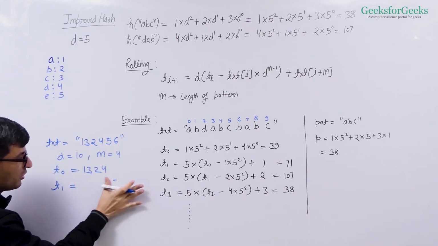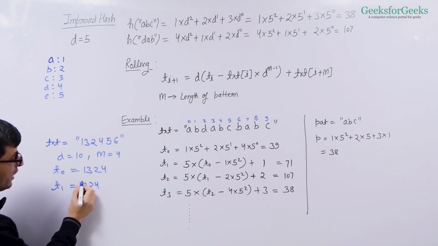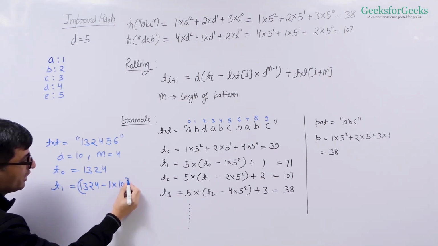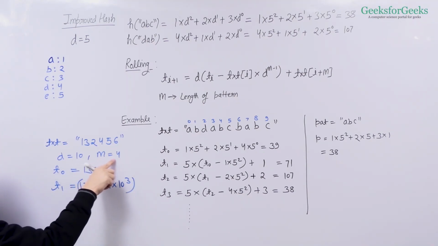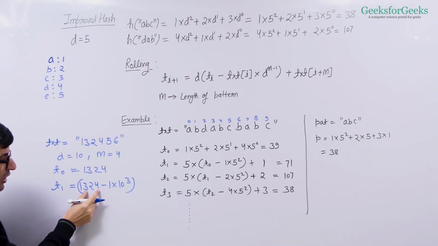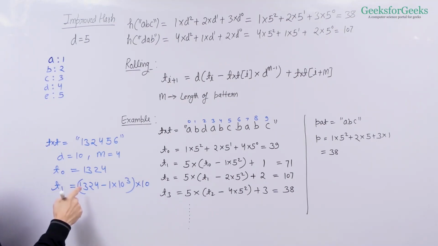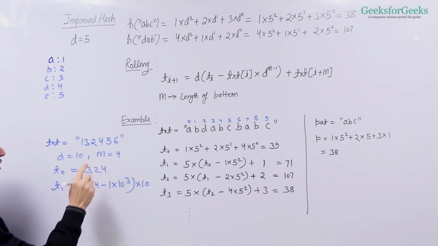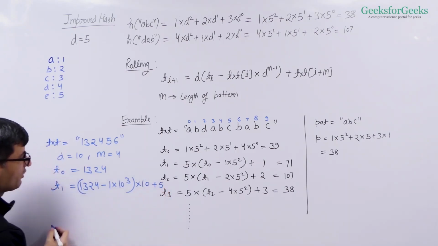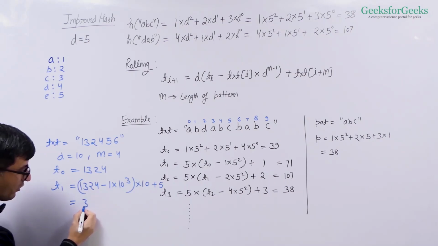For that, I'll take 1324 and I'll subtract 1 into 10 raised to the power 3 from it, right? Pattern length minus 1. So if you do the subtraction, what will you get? You will get 324. And if you multiply this number with 10, you will get 3240. And now all you need to do is add 5 to it. Now if you add 5 to it, you will get 3245.